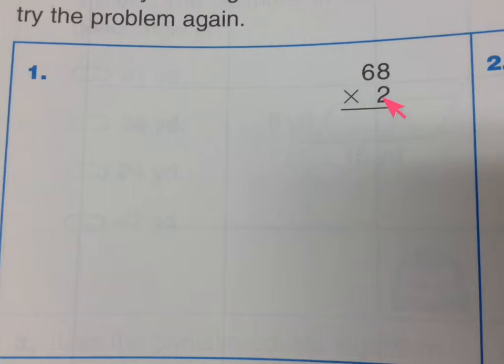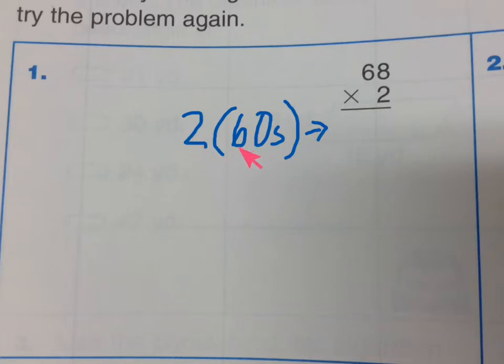With this algorithm, first we start and multiply 2 times the tens place, which would be 2 60s. And if you know that 2 times 6 is 12, then you know 2 times 60 is 120. So that's our first product, and we can write it right there. Then next we will do 2 8s.